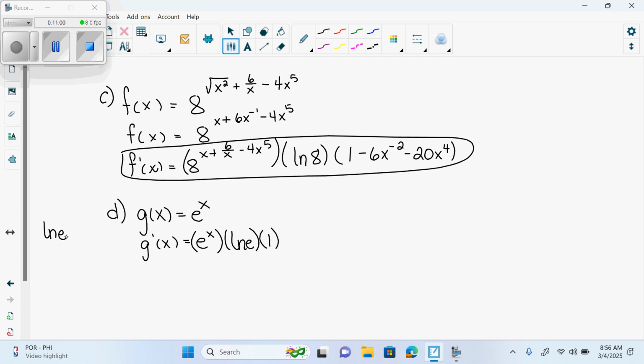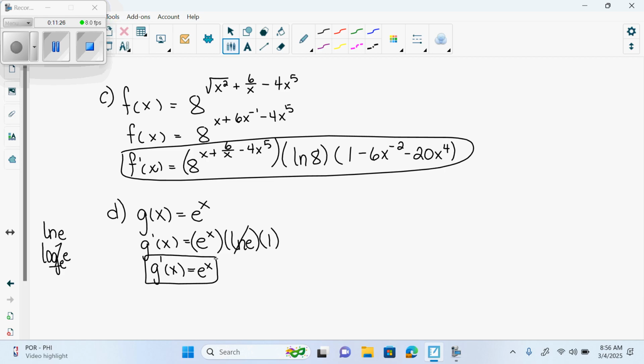Why? Because it's log base e of e, which is 1. So that becomes a 1, that becomes a 1. So remember, the derivative of e to the x is e to the x. It's the only numerical base to a variable exponent that stays the same. Okay?